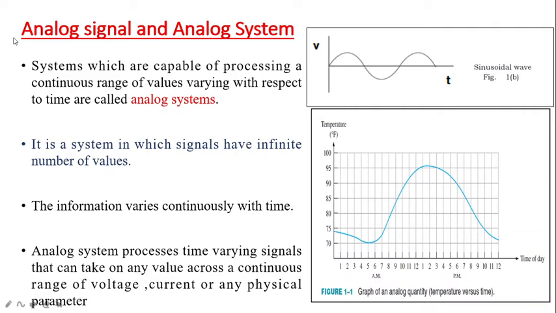Now we shall see the analog signal and what we mean by an analog system in detail. What we call analog systems are those capable of processing a continuous range of values varying with respect to time. Let's see according to the definition. Consider this figure, which is figure 1b here.